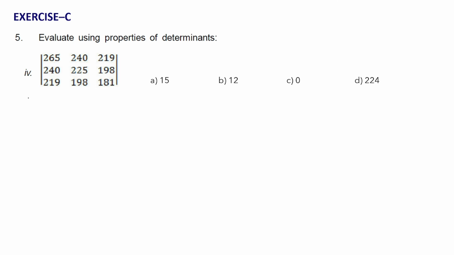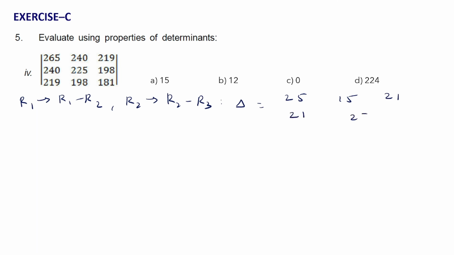So first let us do R1 changing to R1 minus R2 and R2 changing to R2 minus R3. So R1 changing to R1 minus R2 means we have in the first row 25, then 15, then 21. Then R2 changing to R2 minus R3 means we will have 21, 27, 17, and the third row will remain the same.